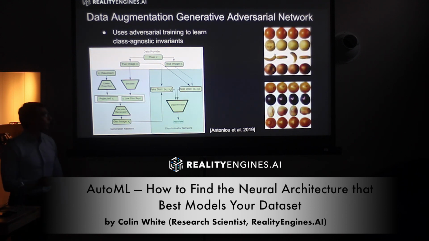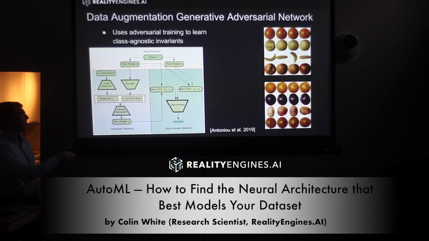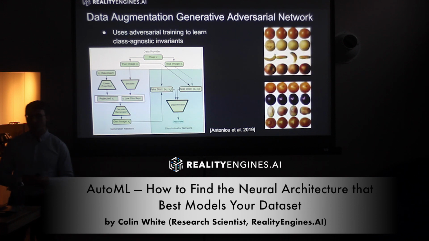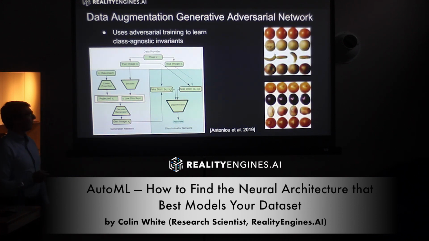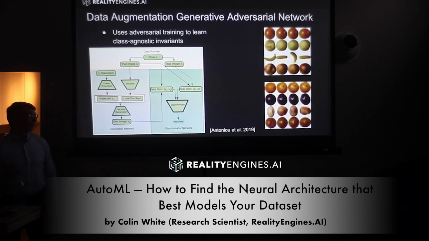If we tweak the loss function of the generative adversarial network, instead of just trying to reproduce the initial data set, we can get it to learn augmentations of the data set that keep the label of the data the same. So this is the architecture for the data augmentation GAN, and it turns out this is very effective.